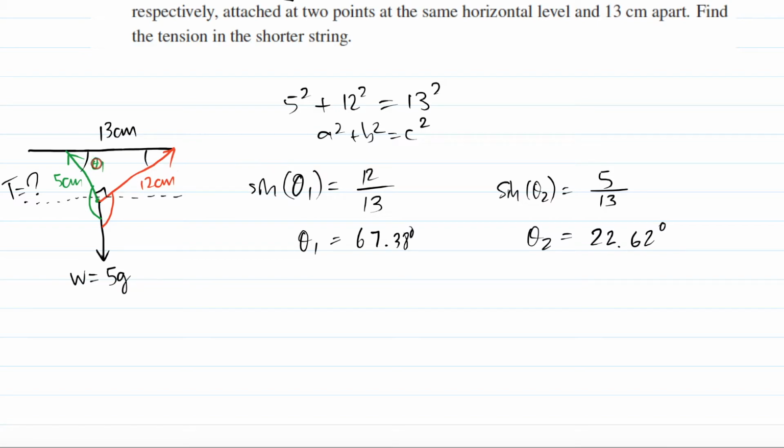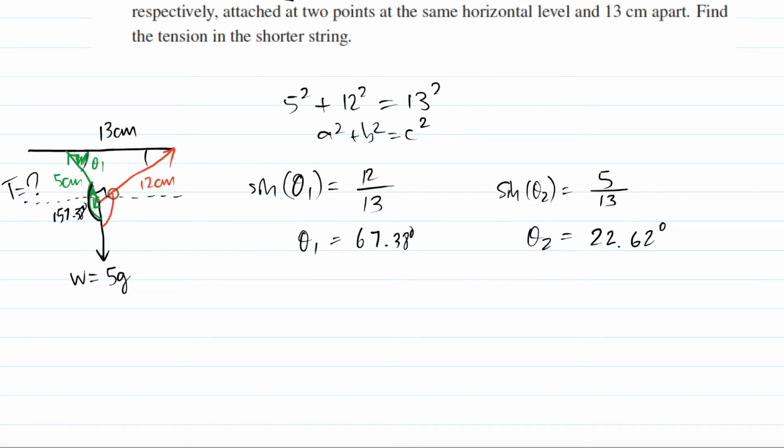Therefore, by alternate angles, this one right here is also 67. So if this is 67, we know this is 90 right here. 67 plus 90 would give you 157.38 degrees. So 157.38 degrees, that's this entire angle right here.